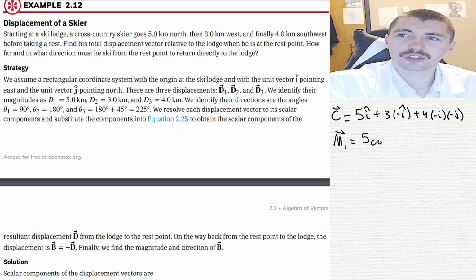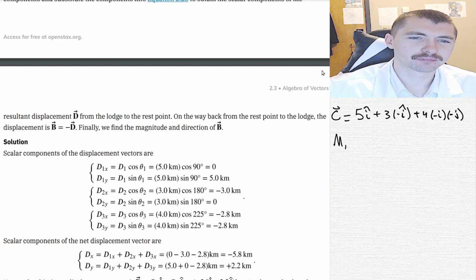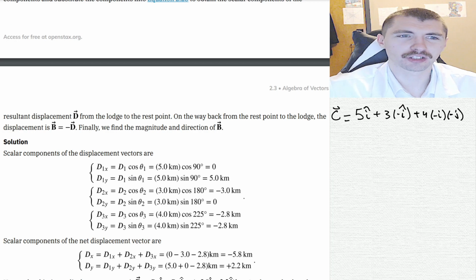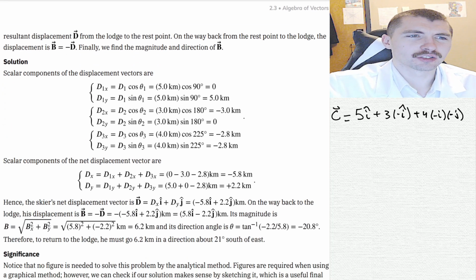So 5 cosine 90. So that is the magnitude, yeah, the magnitude of move 1. I don't want to waste too much time, so I'm gonna stick close to the book here.